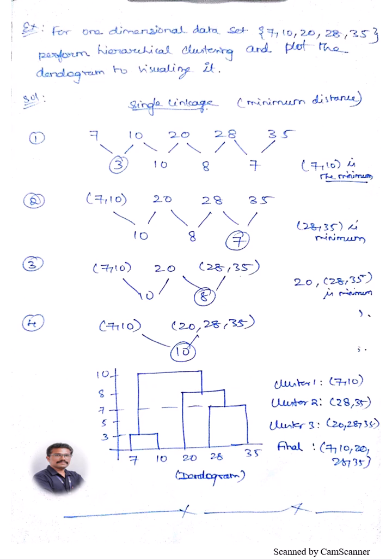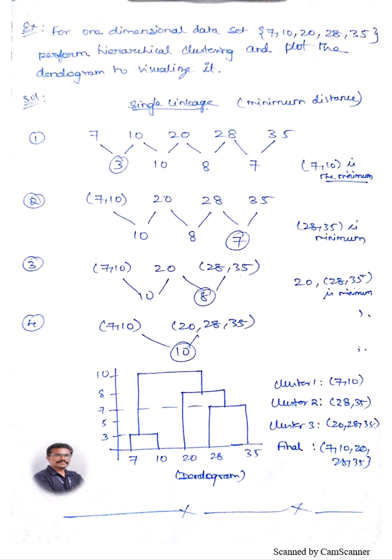In the first iteration, the distance between 7 and 10 is 3, between 10 and 20 is 10, between 20 and 28 is 8, and between 28 and 35 is 7. So we get the distance values 3, 10, 8, 7. Here 3 is the minimal distance, for the data points 7 and 10. So we merge 7 and 10 into a single cluster.